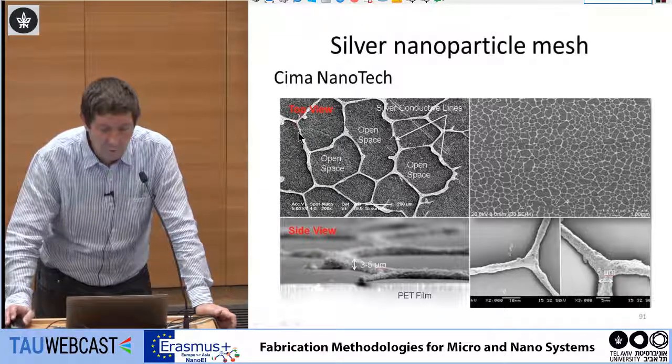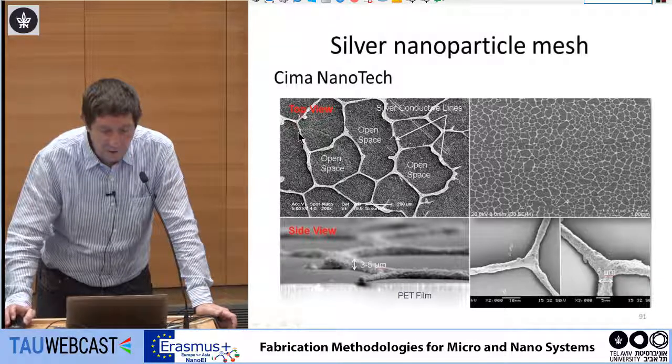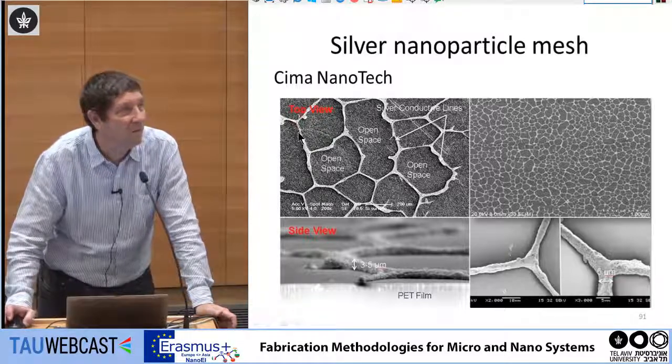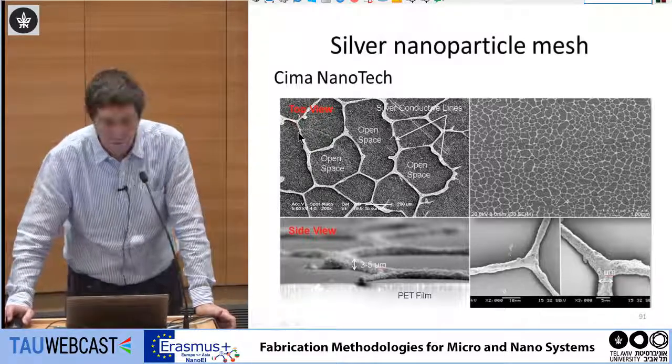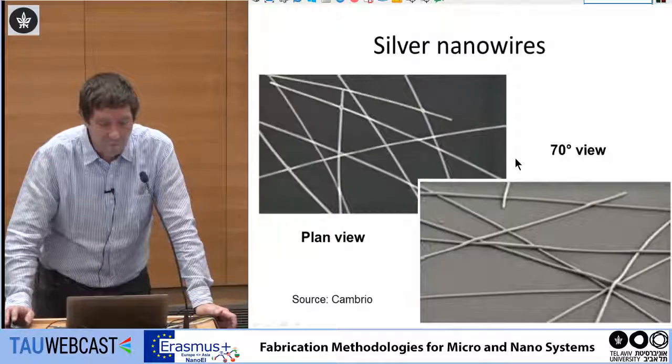This is how it looks from a side view, and this is how it looks from a top view. By the way, most of the connections are triangular, and the angles are approximately 120 degrees. But it's a random mesh, and it's actually a pretty clever solution.